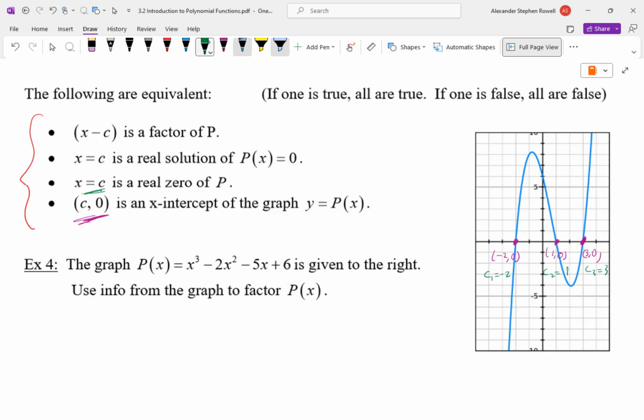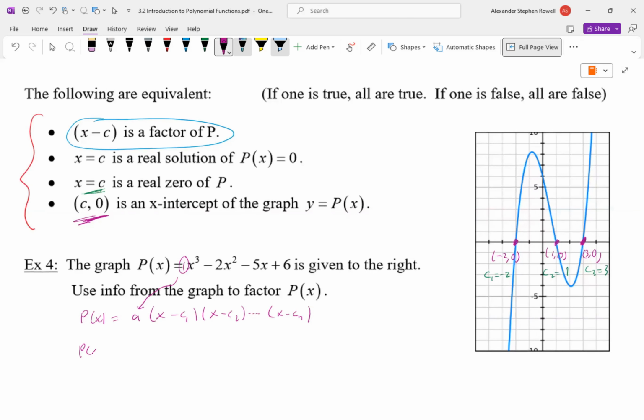Now we're going to apply the first rule to factor the polynomial. Based on the graph, I found my zeros. And every polynomial can be written as your lead term times all of your linear factors multiplied together. So in terms of our specific polynomial, our a value is what? The leading number is 1. So we can put that 1 out in front.